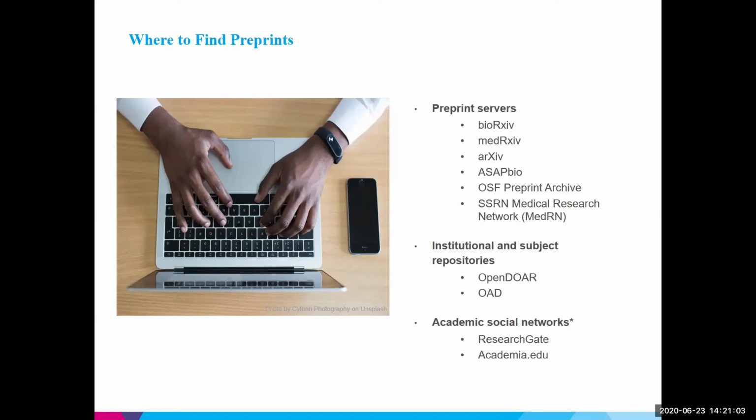So please be careful, and check with the journal that you are particularly interested in publishing with before you post anything on one of these, because a lot of places will be okay with you posting on a repository or a server, but they won't be okay with you posting on a social network. Once again, check and see how your journal or publisher feels about that.